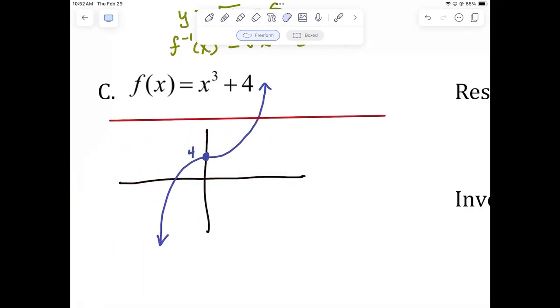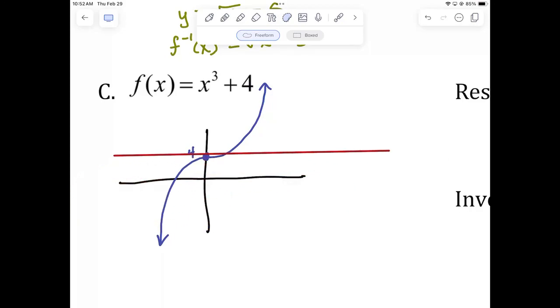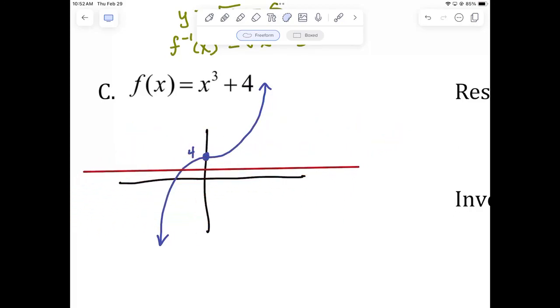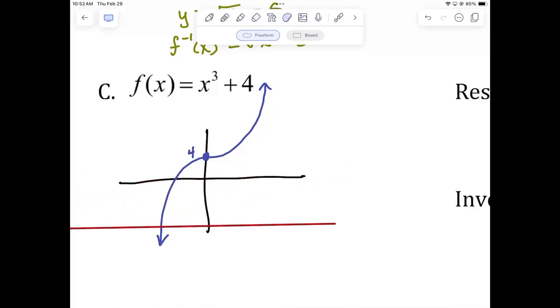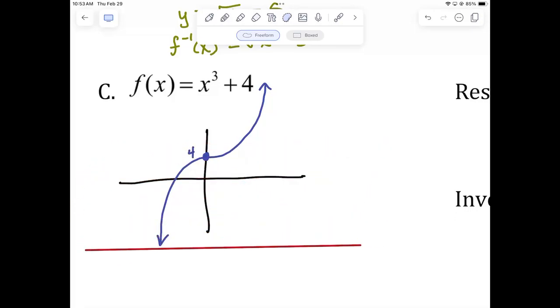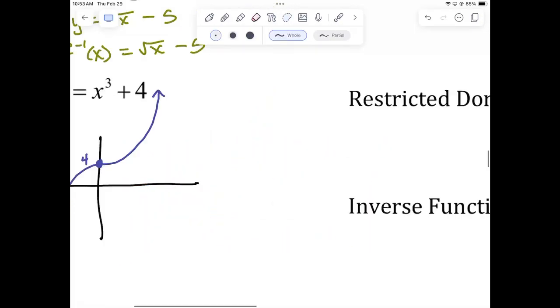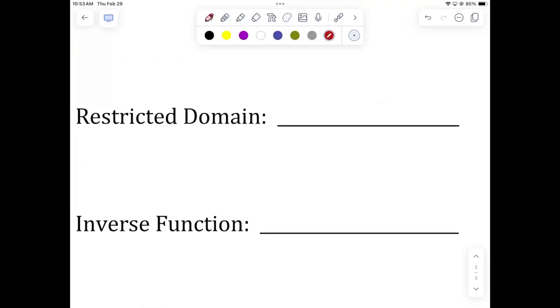X cubed, as we saw yesterday with the parent function, is 1 to 1. If it's 1 to 1, do we need to restrict the domain? No, we sure don't. Okay, so get rid of the horizontal line. Restricted domain, I'm just going to say none. We don't need to restrict it.